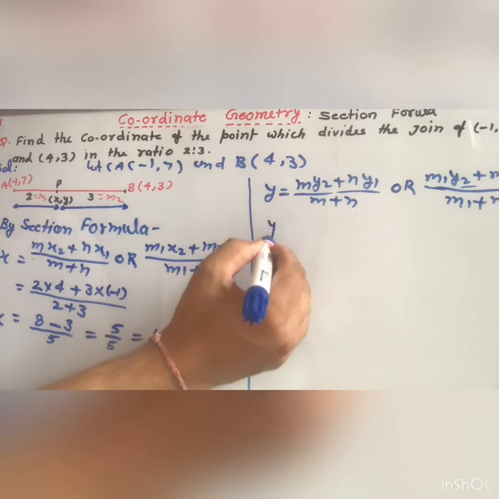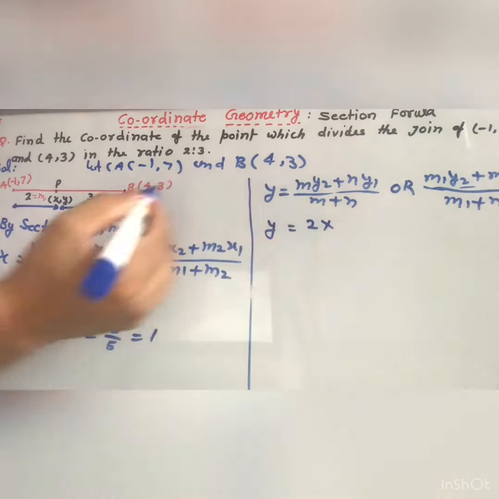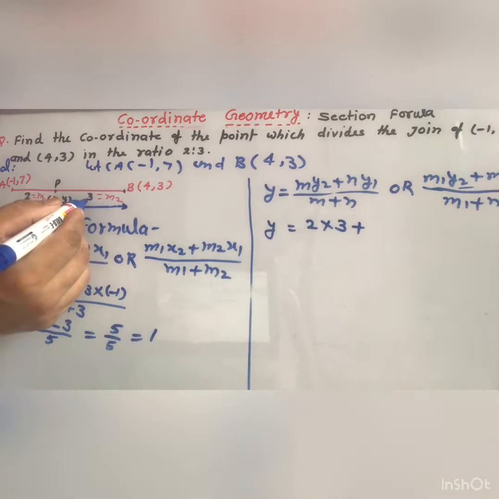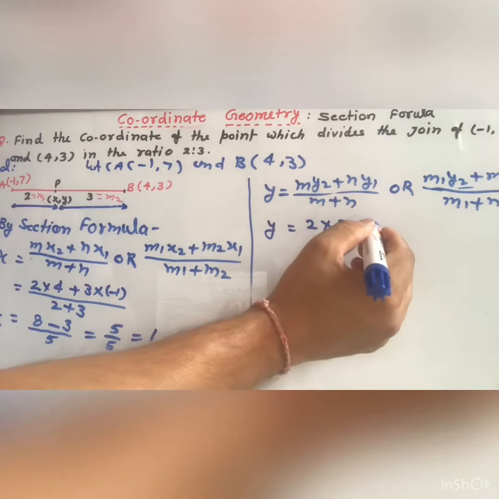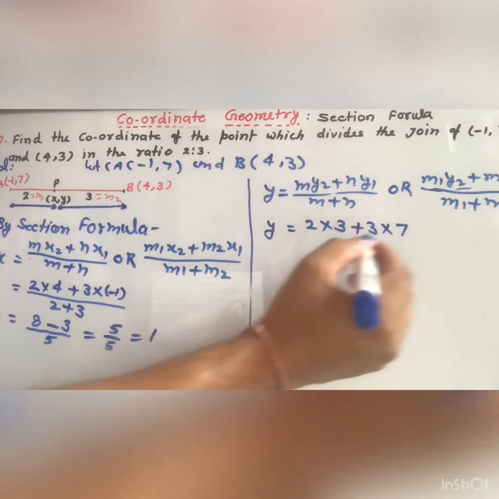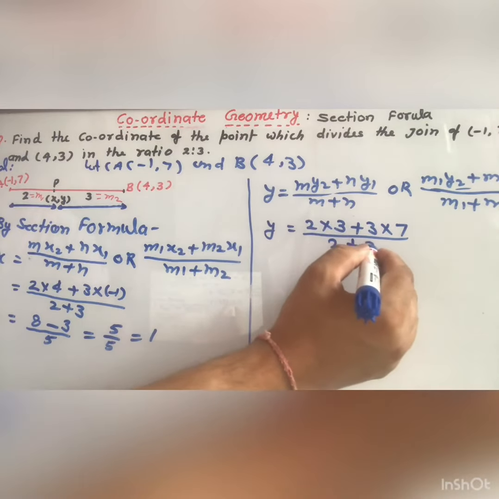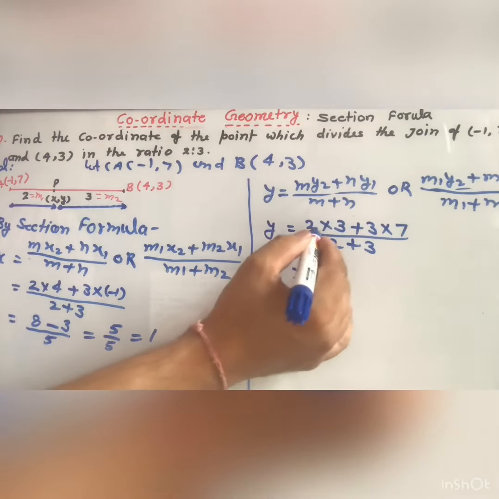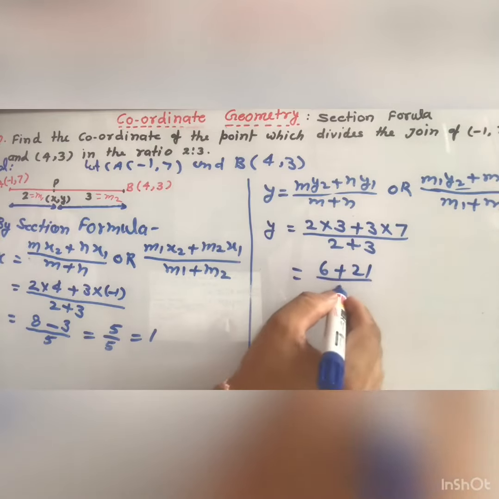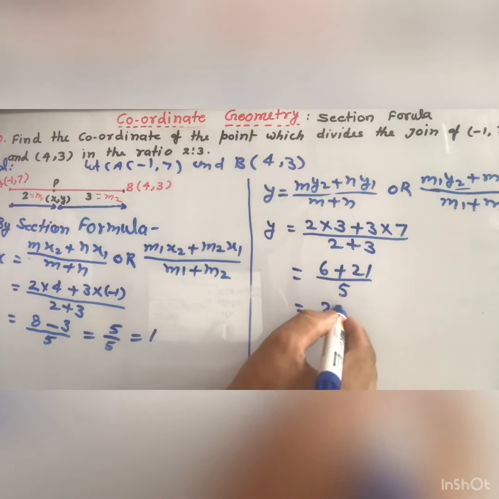You will get y equals m, that is 2, into y2, which is 3, so 2 into 3, plus m2, otherwise n, which is 3, and y1 is 7, so you substitute 7 here, divided by m plus n, that is 2 plus 3. On simplifying, 2 3s are 6 plus 3 7s are 21, divided by 5, so you will get 27 by 5.